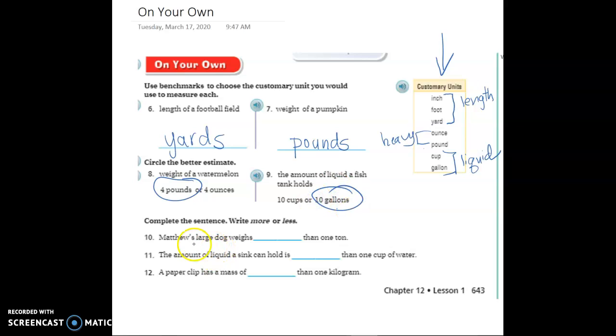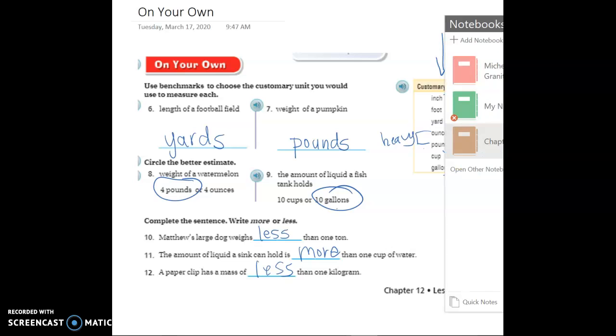Matthew's large dog weighs less than a ton. The amount of liquid a sink can hold is more than a cup of water. A paper clip has the mass of less than 1 kilogram. Hopefully you did really great.